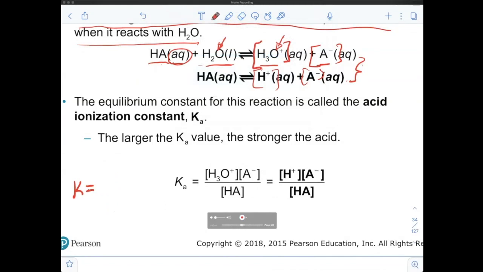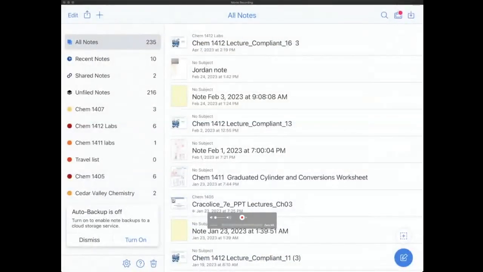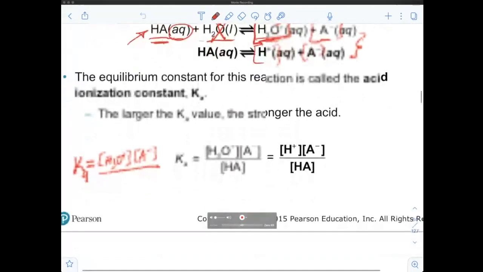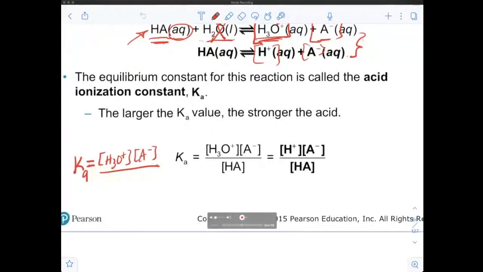So in this case, our equilibrium constant for the acid is going to be H3O plus, this product, times A minus, leave the water out, over HA.